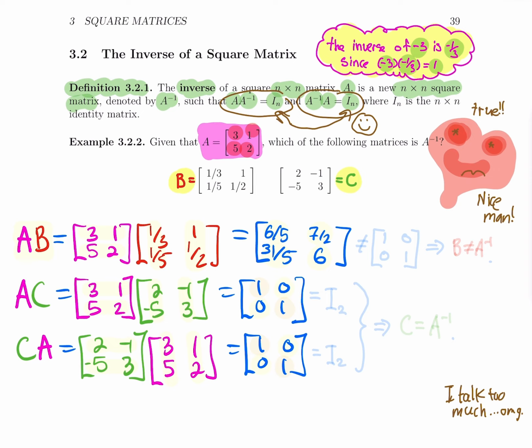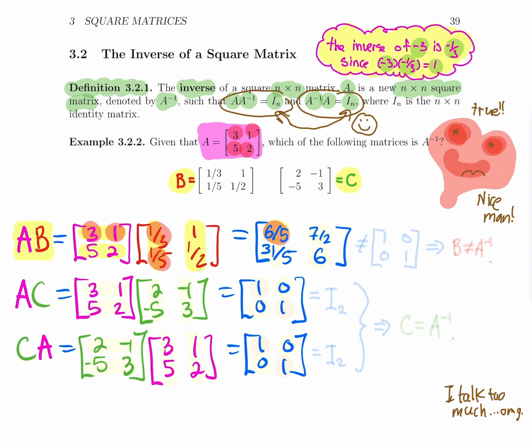So here I already have those matrices drawn for you. So again, if I start with my first product, A times B, so A on the left side, I always circle the rows of the left matrix and the columns of the right matrix. And if I start my multiplication here, 3 times 1/3 plus 1/5 times 1, this is going to give you 6/5.